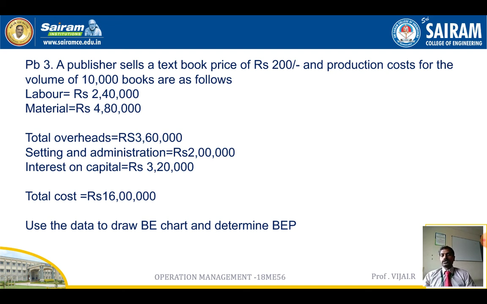If it is not exactly given which is variable cost and which is fixed cost, then you have to analyze which terms come under variable cost and which under fixed cost. Here the overhead costs, setting and administration charge, and interest on the capital investment are all fixed cost, and the first two are variable cost.